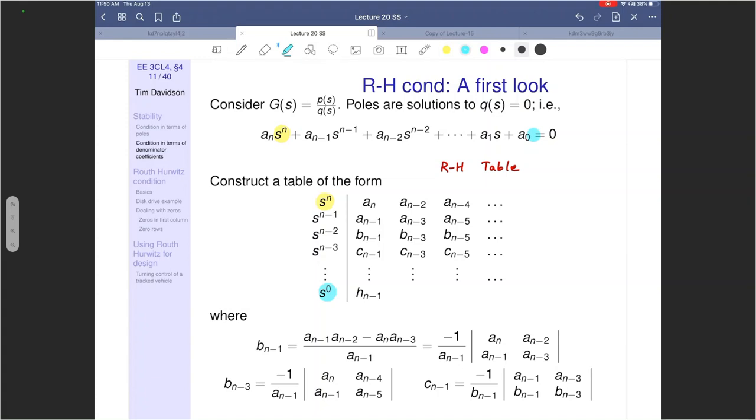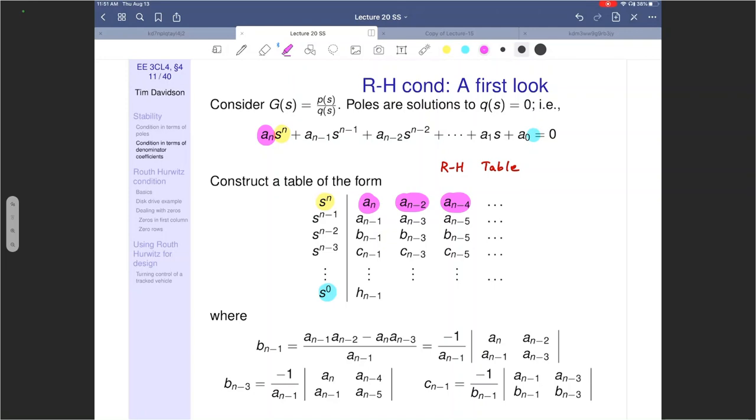Next, I'm going to arrange this table in such a way that I fill in the coefficients of the denominator polynomial in this manner. So for example, I'm going to first start off with a sub n, the coefficient of s sub n. And then as I move right on the topmost row, I'm going to go two coefficients down, two more coefficients down, and so on.